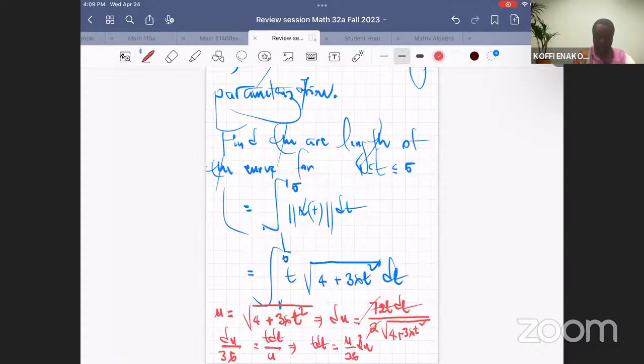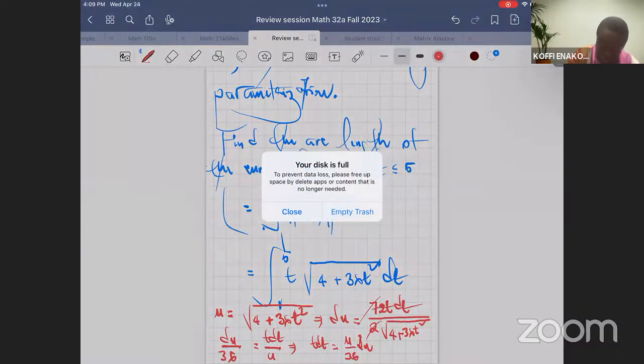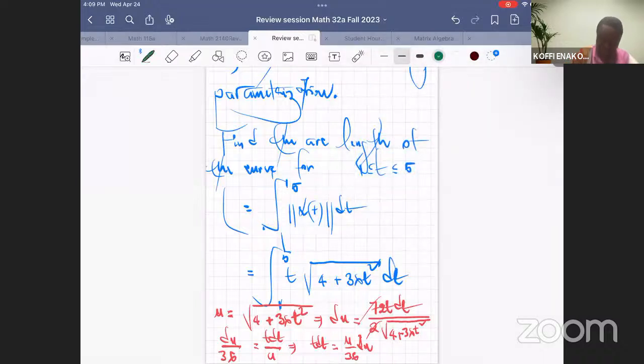At the end, let me finish this integration over here. I'll use another color, green, so that it makes sense. I'll change the bounds for the integral. If t equals 1, that will be root of 40.